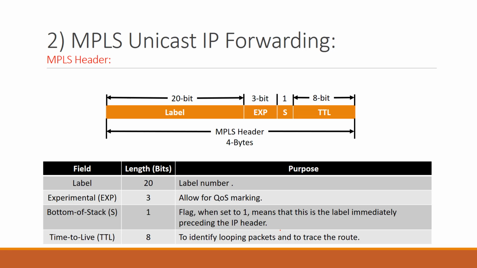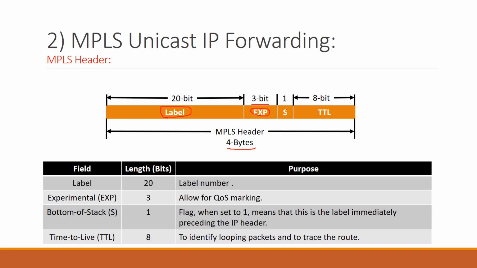So what is the MPLS header? Actually, the MPLS header is not very large. It's only a 4 byte header. 20 bits of it are for the label field. The next 3 bits are called experimental or EXP.